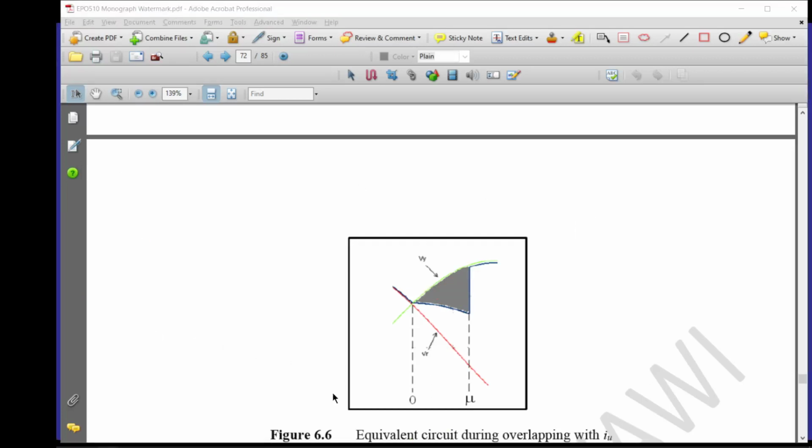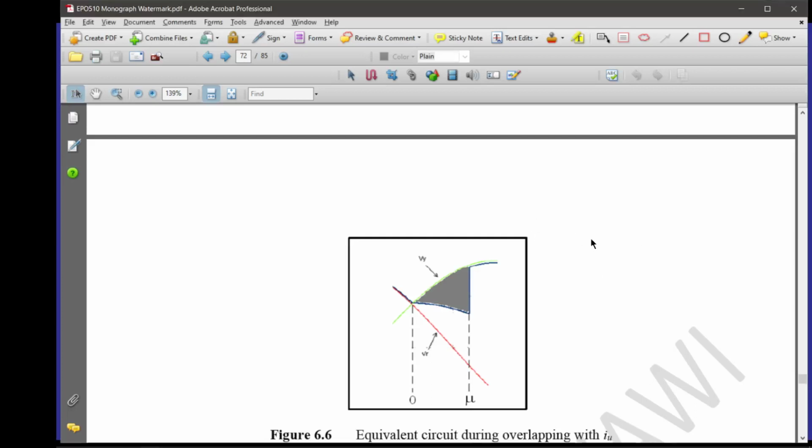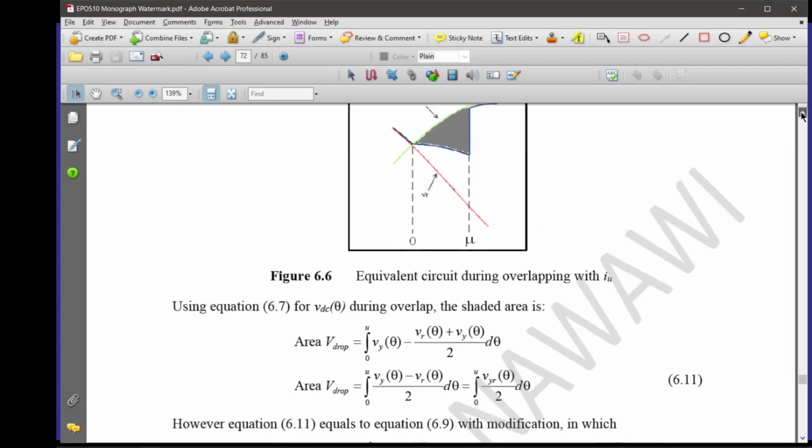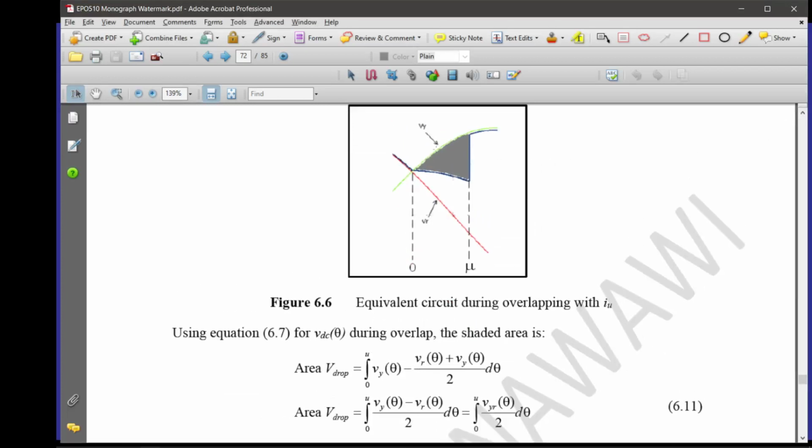So we need to find the area of the shaded area here, the area of the voltage drop, and then we take the average of that. So how do we get that area? You can do this, which is VY, isn't it?